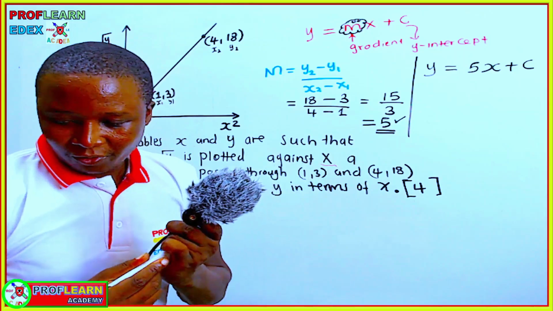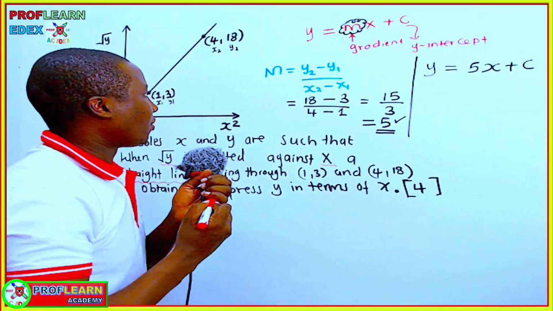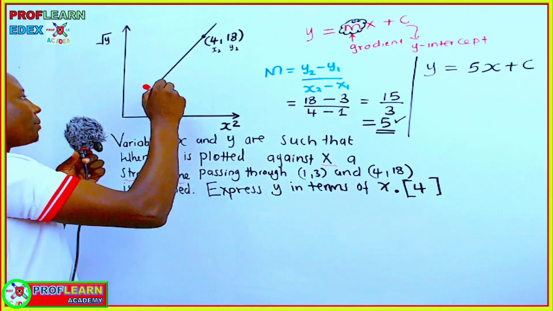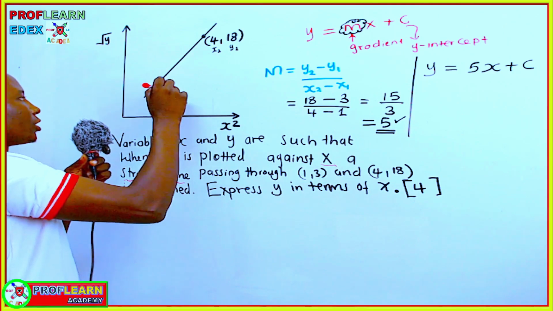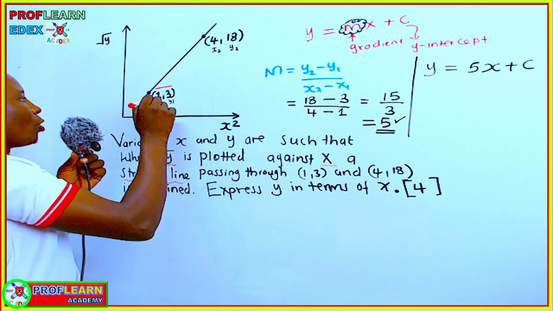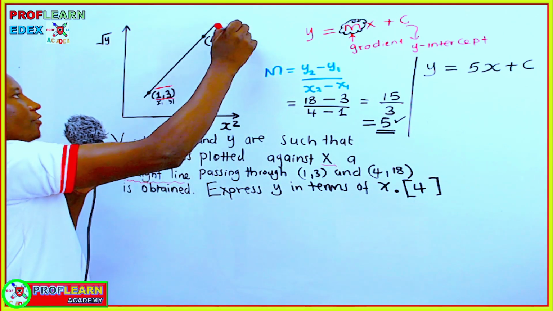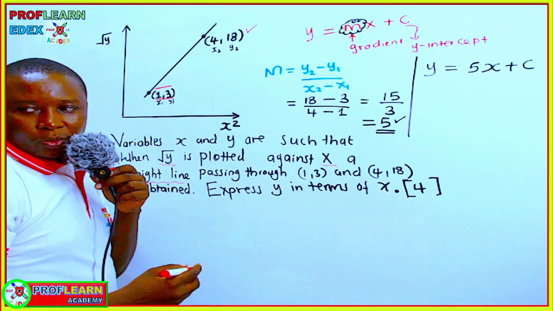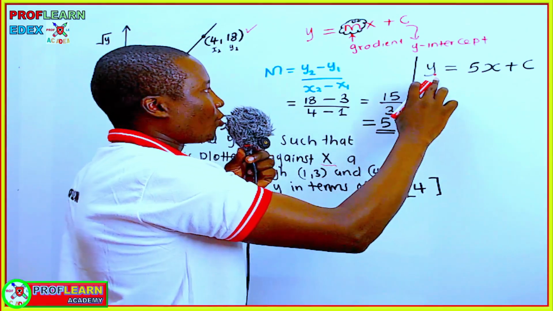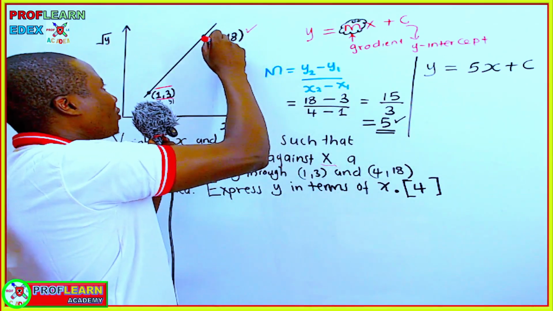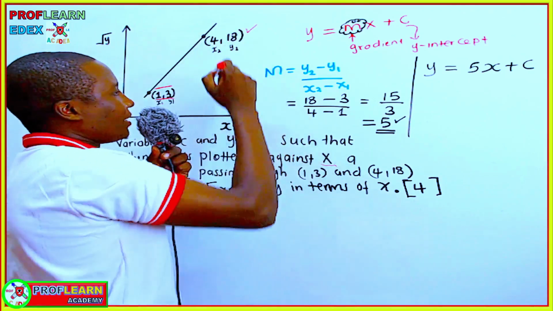In the process of working out the value of c, we can use any of the coordinates, either this one or this one. Let's decide to use (4, 18).